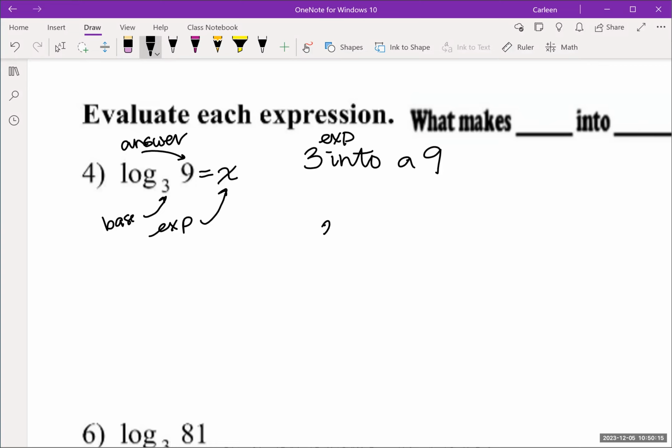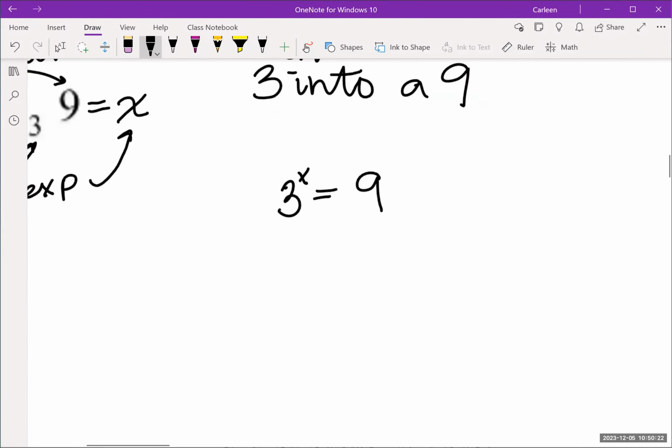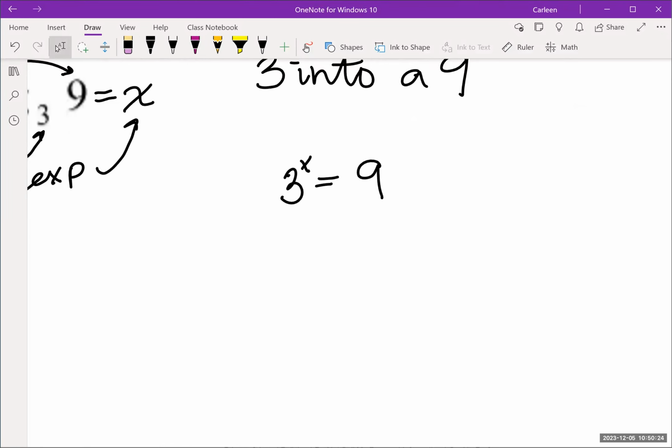So I have 3 with an exponent x and an answer of 9. So you can see I'm asking what exponent makes a 3 into a 9. So I'm going to rewrite 9 as 3 to what power? What exponent on a 3?